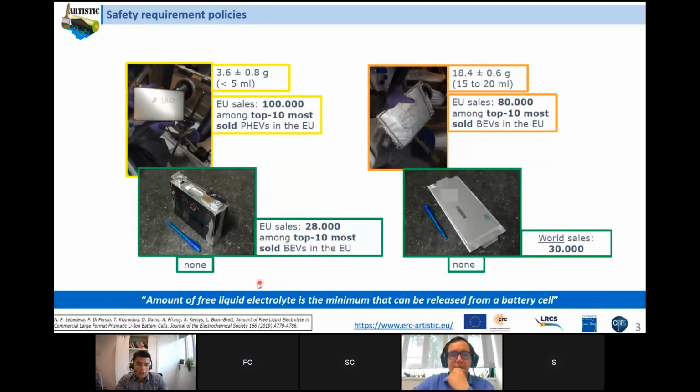The amount of free liquid electrolyte is now limited to a very small number. As you can see from the numbers, most of the produced battery cells had excess electrolyte inside, but in the European Union, they are limiting this excess amount of electrolyte within the cell due to safety concerns.